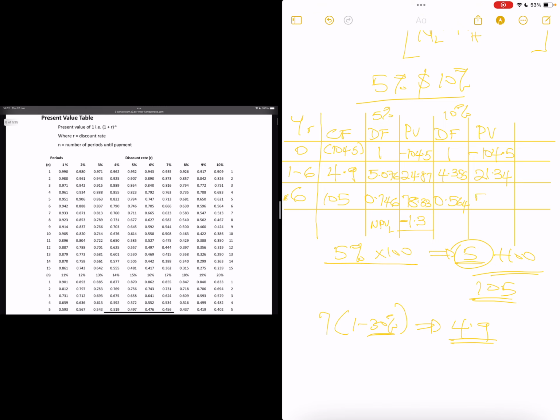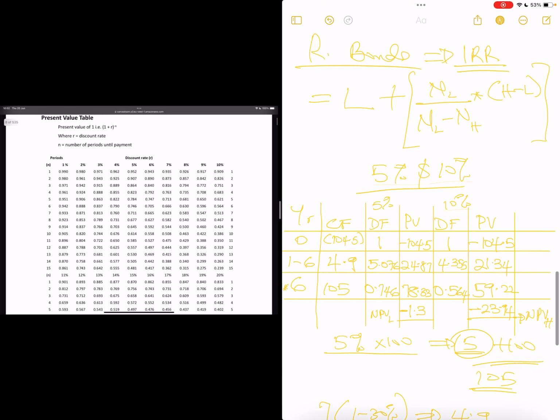That gives 59.22. So if we add everything together, 59.22 plus 21.34 minus 104.5. That gives minus 23.94. So this is NPV at higher rate.